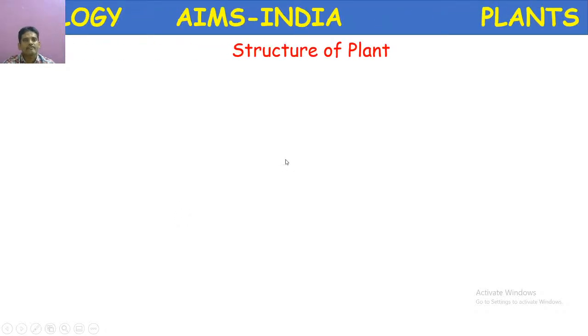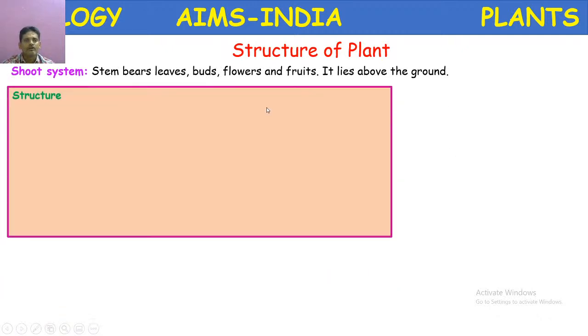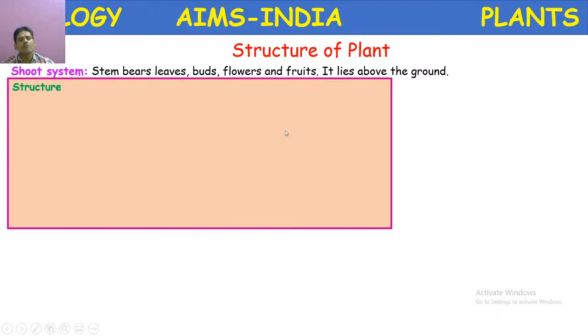Structure of plant. If you take a plant, the plant shows two main structures. The total plant body is divided into two parts: the part which is inside the soil, and the part which is above the soil. The part which is above the soil is called the shoot system.